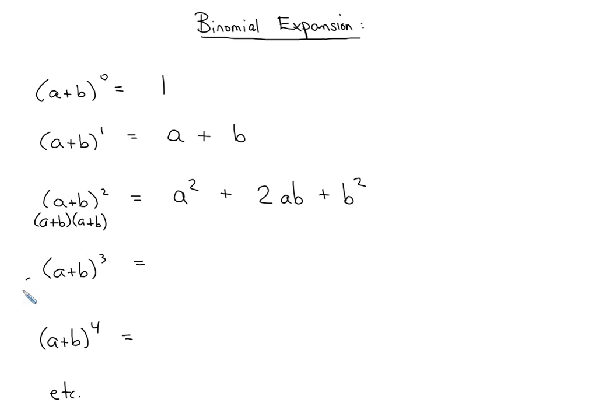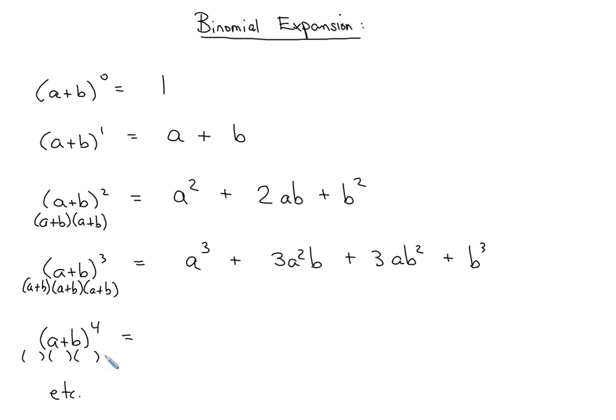A plus b to the third power is a plus b times another a plus b times another a plus b. So you FOIL the first two out and you get this answer, and then you take each of those terms and distribute it through the last a plus b, and what you end up with is a to the third plus 3a squared b plus 3ab squared plus b to the third. And then finally, this one is 4 of those parentheses multiplied together.